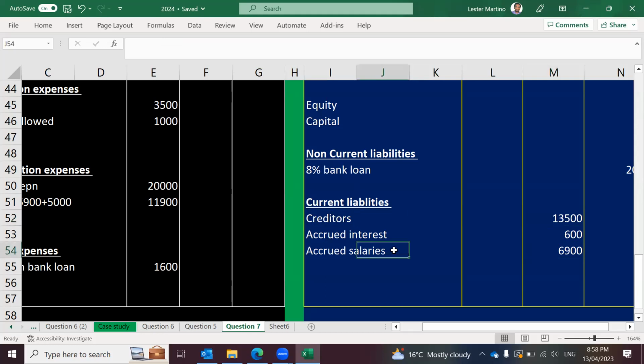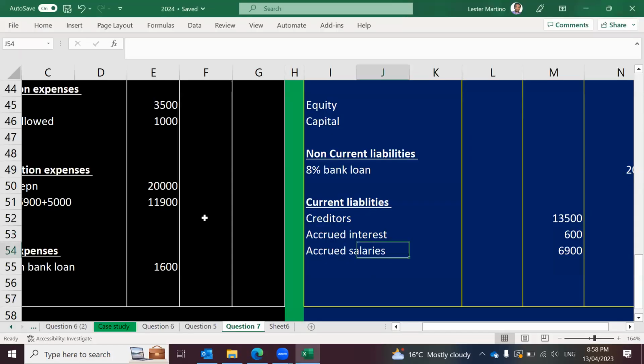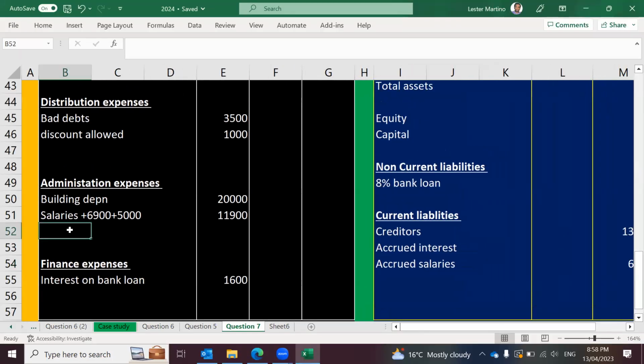Creditors, 13,500, second column. And the next item, bank loan interest paid, we have taken that. Insurance 500, that is admin expense. Insurance.